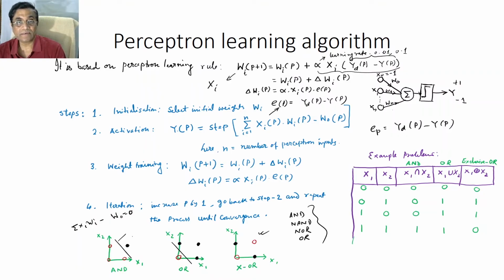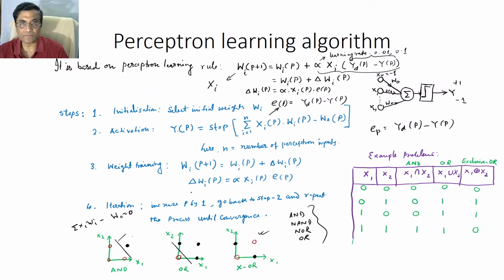So you select initial values Wi randomly, then you select the fictitious input -1, and then you pass through all these W parameters to the activation function, and then you do the weight training.